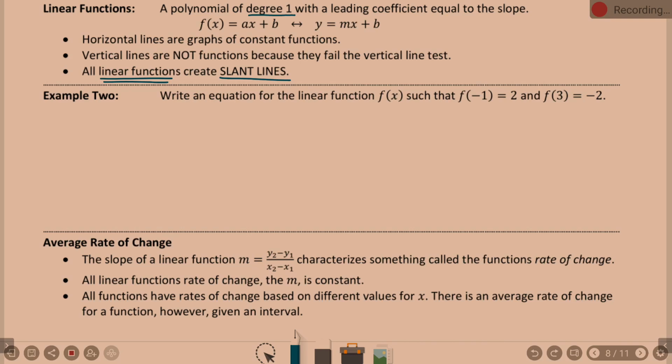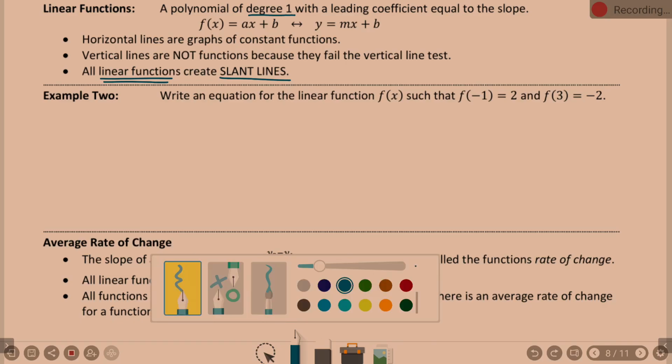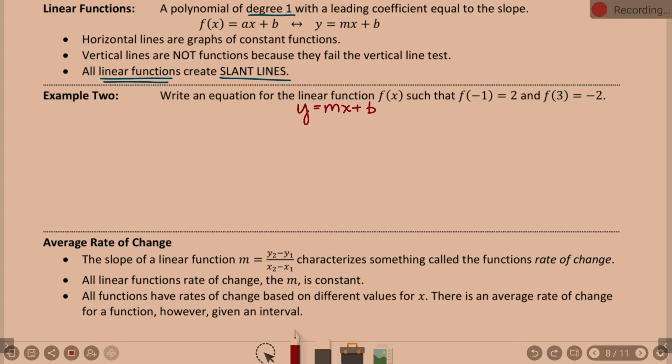If I'm asking you to write an equation for a linear function, what form are you probably thinking? What about y equals mx plus b? What do we need?